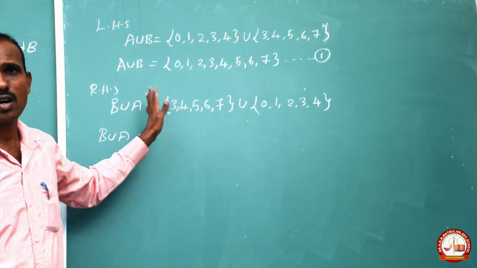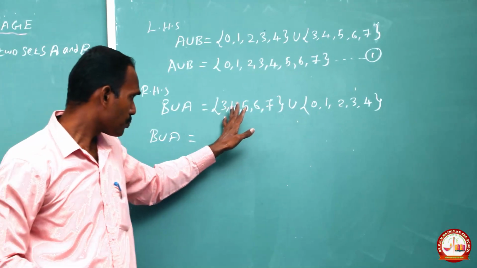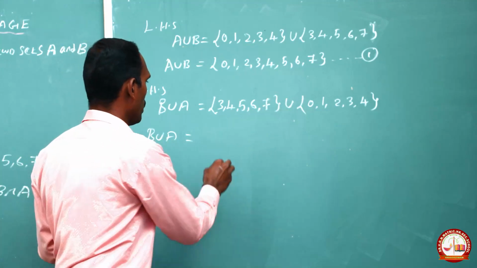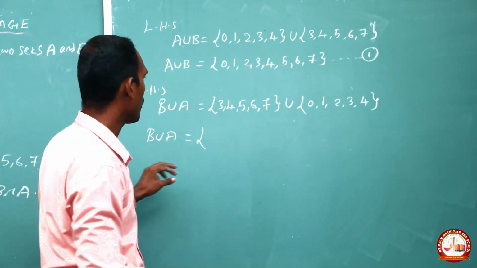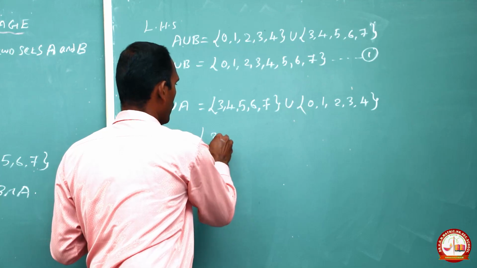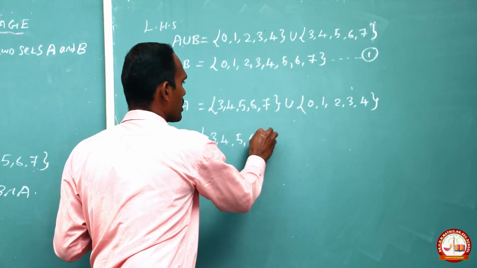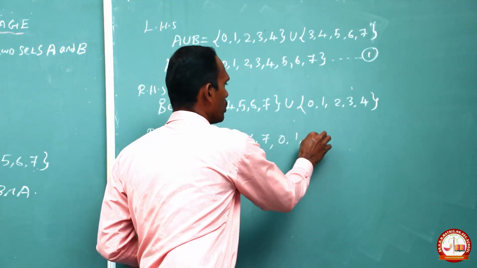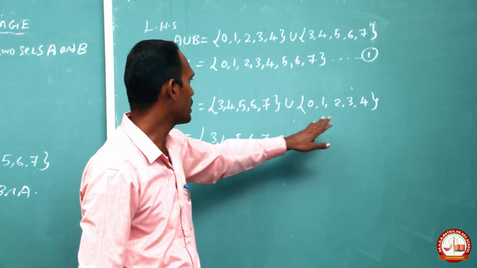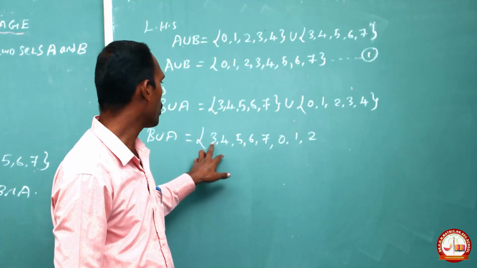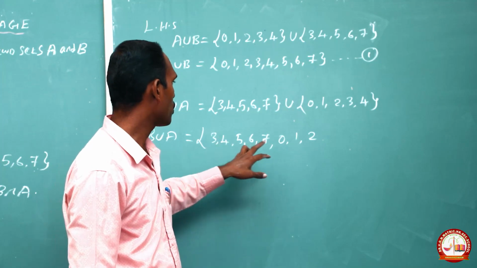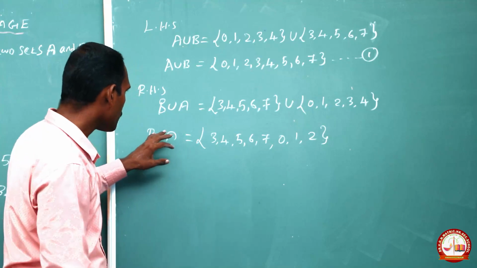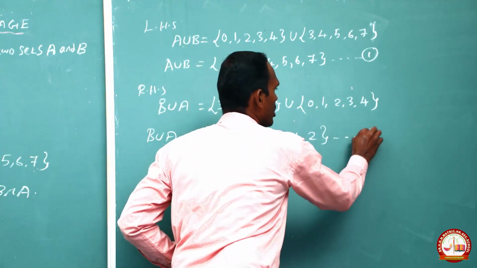Union means we have to write all the elements in both sets, but with only one condition: don't write the repeated elements. So right here, first the B set of elements: 3, 4, 5, 6, 7, and then here you have to write 0, 1, 2. Don't write the 3 and 4, because 3 and 4 have already been written. Okay. Now you see here, this we take as the second equation.